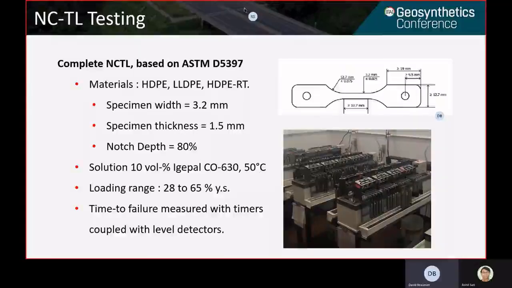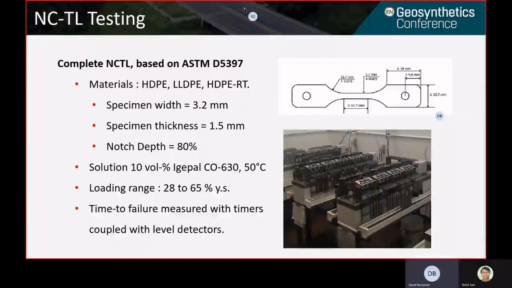And we then apply a load, so the specimen is subjected to tensile loads. What we want to look at during this test is the time to stress crack propagation in polyethylene, and there will be a time to failure that will be measured, because each of these little arms is connected to a timer.